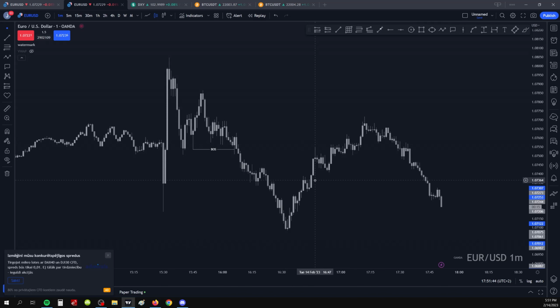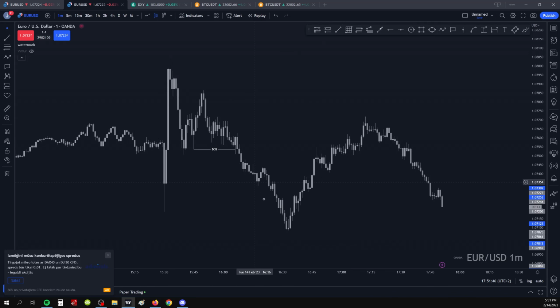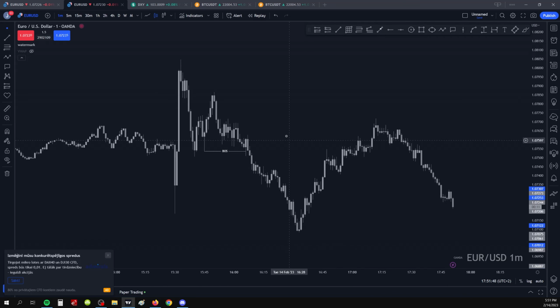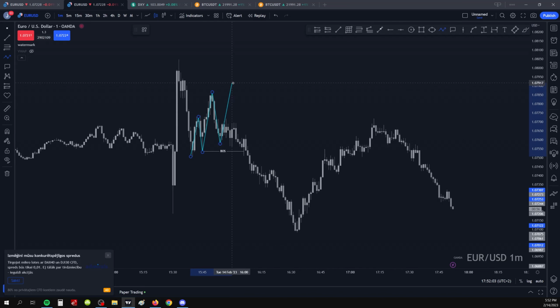Where is our liquidity, closest liquidity in this leg? All this is liquidity. But as you can see, the price went up. And then instead of making a new high, it created a failure swing and went down.